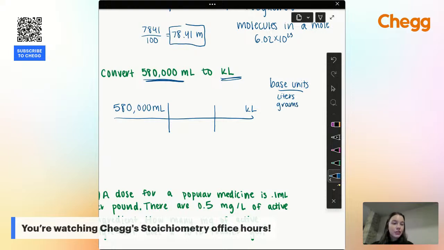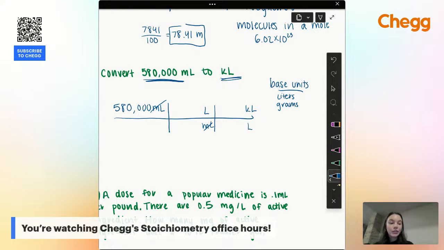Those are the 2 you'll see a lot, and then there might be some more that we come across. So we have milliliters. We want to get to liters since that is our base unit, and we want to cancel out milliliters. So what's on the top has to go on the bottom. And then we need to get from liters to kiloliters. So what's on the top has to go on the bottom.